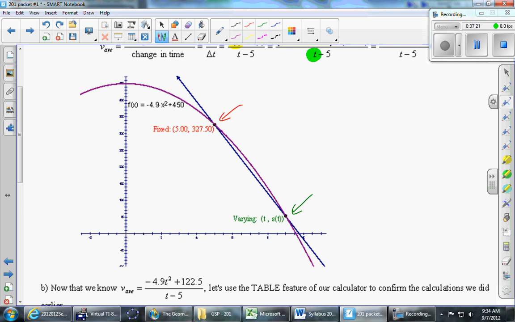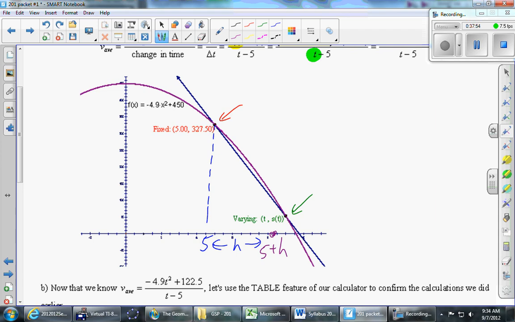Instead of calling it t, some arbitrary moment in time going to the right from the origin, we're going to let 5 be our starting point. And instead of going from 0 to t, we're going to go from 5 a little bit to the right. And if I go h to the right, then I land on some new spot, 5 plus h.